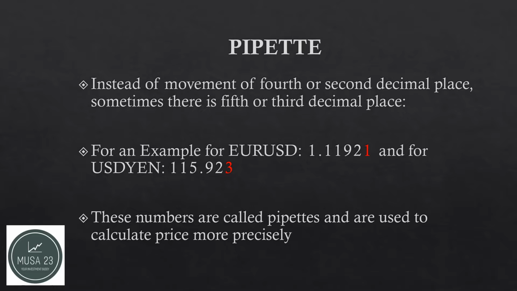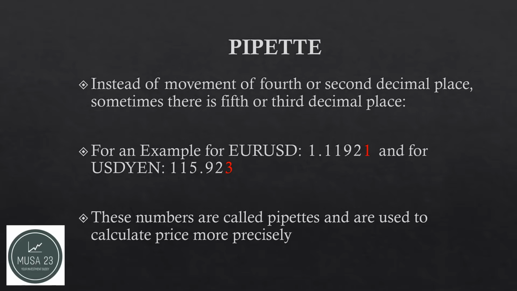And for currency pairs with Japanese yen, for an example, USD yen, it may be represented as 115.923. Notice that there is an extra digit there, which is 3, making it a third decimal place. These numbers are called pipettes and are used to calculate prices more precisely.